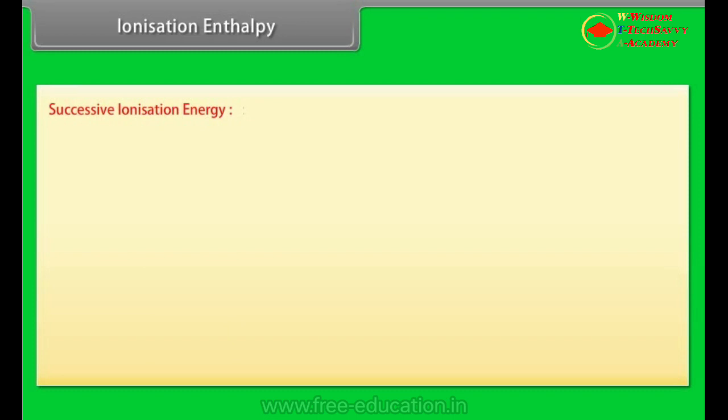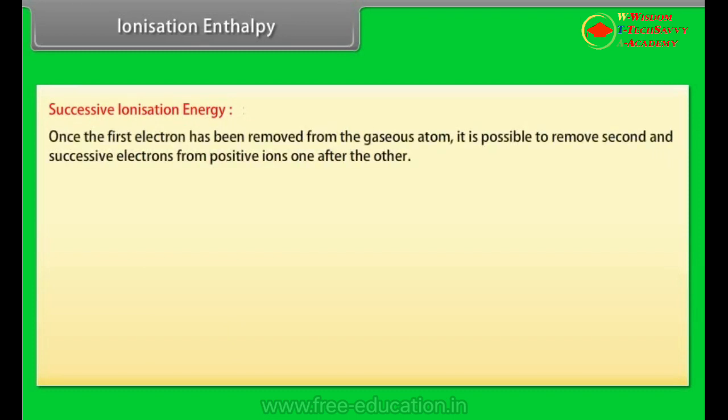Successive ionization energy. Once the first electron has been removed from the gaseous atom, it is possible to remove second and successive electrons from positive ions one after the other.